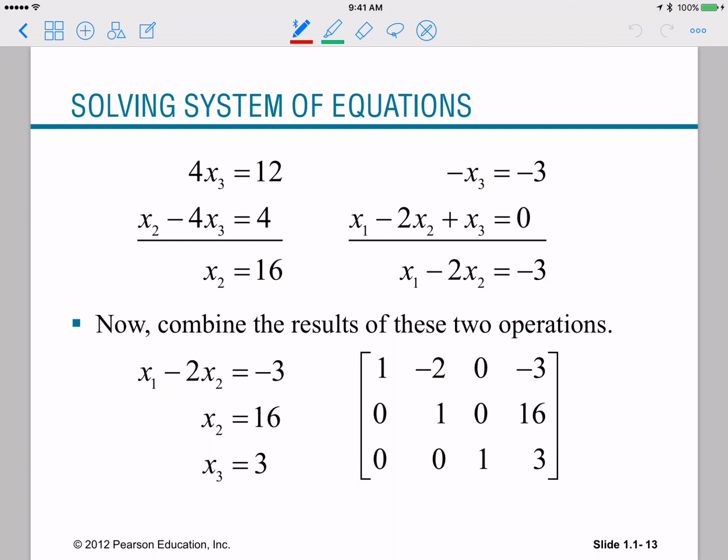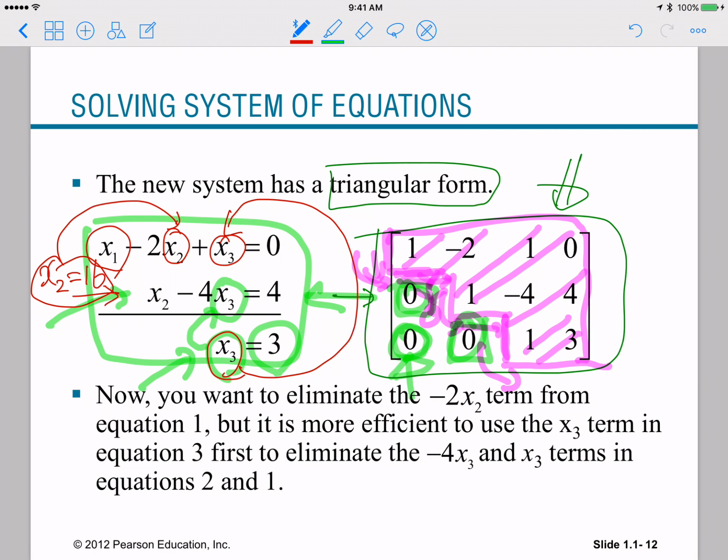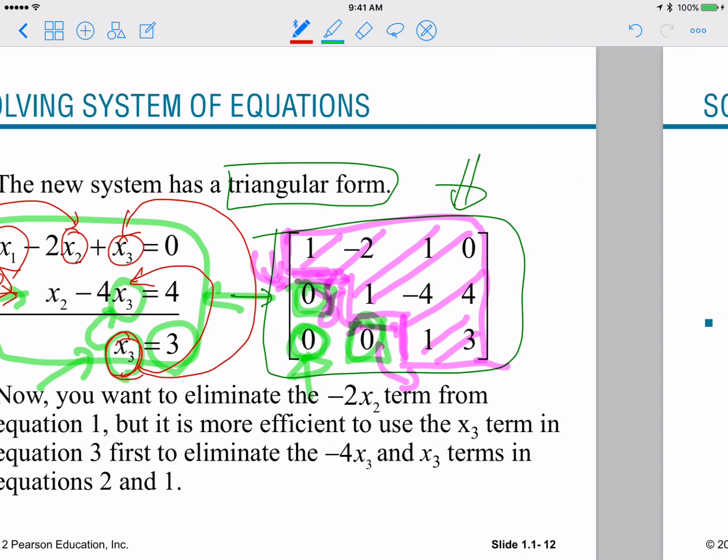Okay, and then let's also try to represent this process in this kind of matrix form. So plugging this x3 value into the second equation, we can also represent it as this form.